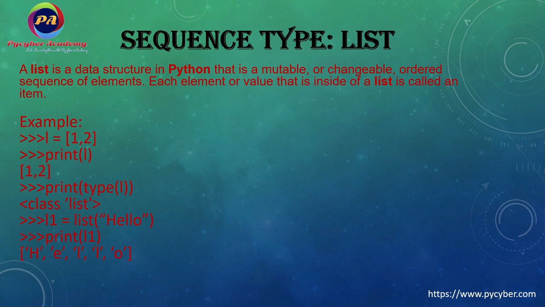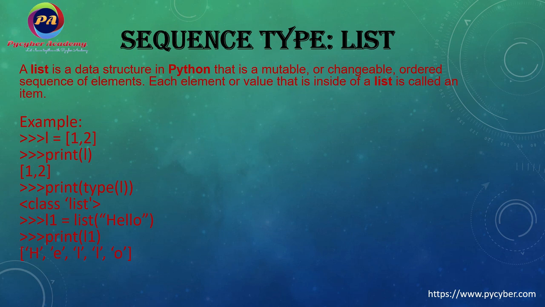So in our example here, L equals, there is a square bracket and inside that square bracket 1 comma 2. That means we are creating a list with two items or two elements, that is 1 and 2, and 1 is at the 0th index and 2 is at the first index.